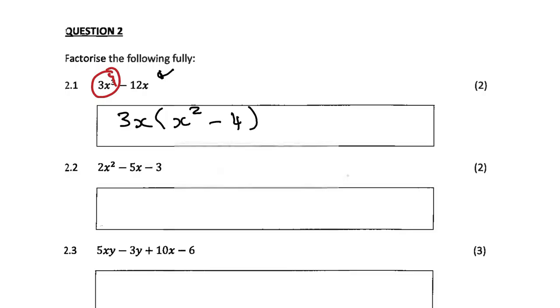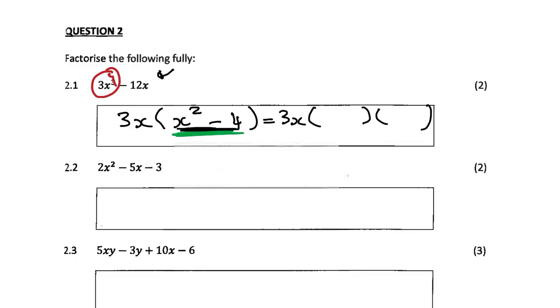Okay? So now, it is very much important that you identify this is a difference of two squares. Because now you have not factorized fully. You have taken out the common factor, that's true. But now you still have to factorize fully because this is a difference of two squares. But now, how do you factorize a difference of two squares? Remember, you say now, okay, we still have 3x there, but to factorize this bracket here, you want to open two brackets.